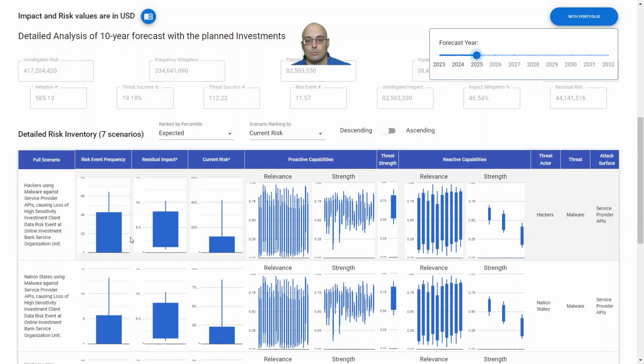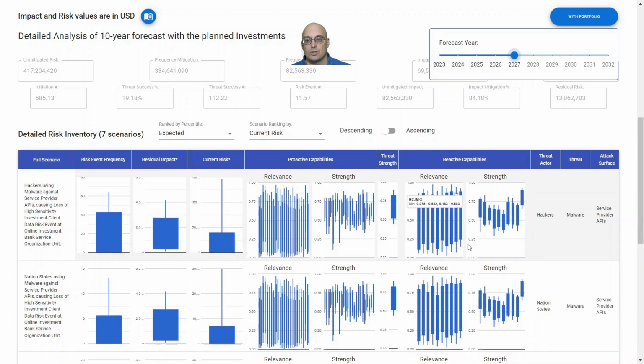As we execute multiple of the other investments, they address other malware-related issues or areas, not just focusing on the service provider API, but other attack surfaces as well. And then over time, we also increase the strengths of reactive capabilities, which really focus on mitigating the impact of risk events if we couldn't avoid them.